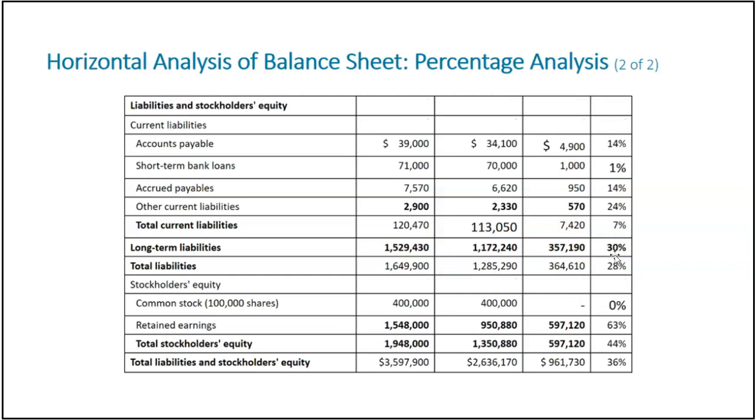So it's possible that's how they funded the long-term investments in buildings and equipment, but then it looks like they've got a lot more cash in too, so maybe they earned more money. We've got to see. No changes in common stock, but you can see that retained earnings increased by 63%, and that's because the net income for the year was folded into that retained earnings number.